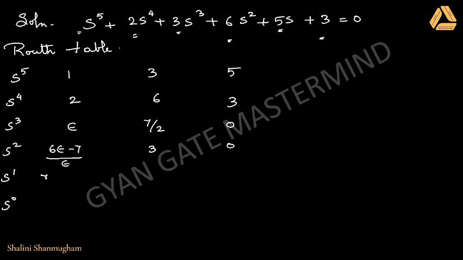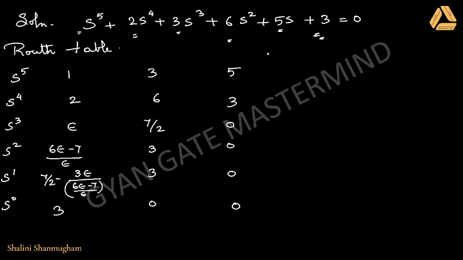And proceeding in the same fashion, we will be getting 7 by 2 minus 3 epsilon divided by 6 epsilon minus 7 by epsilon, and this becomes 3 and this becomes 0. And coming to the next row, this is 3 because the constant is 3, and 0 and 0.